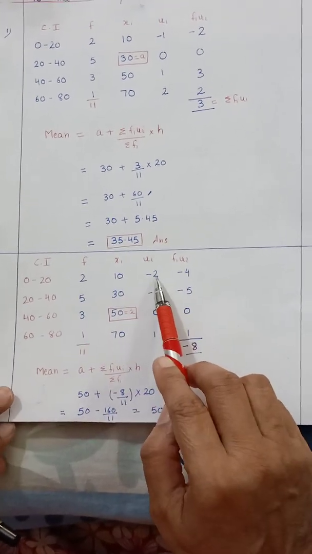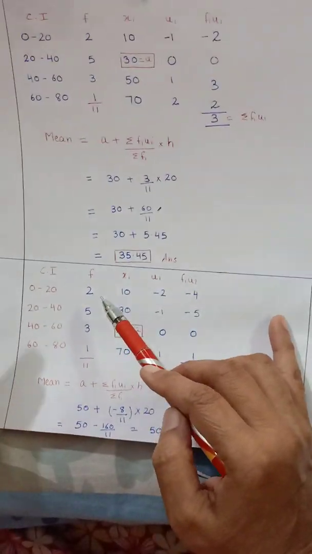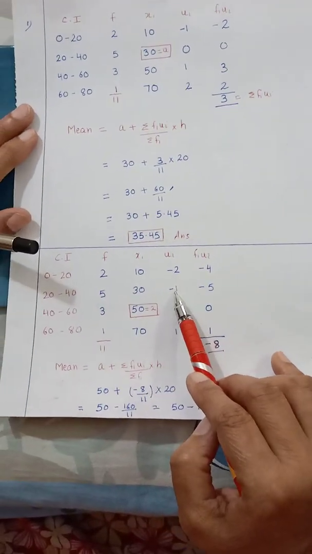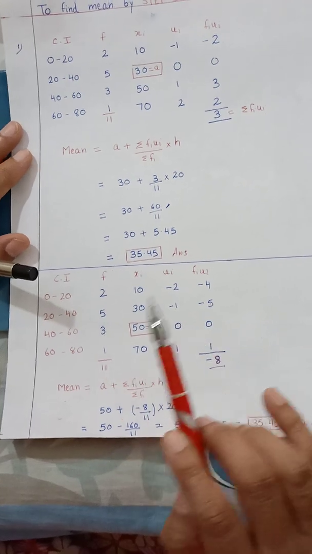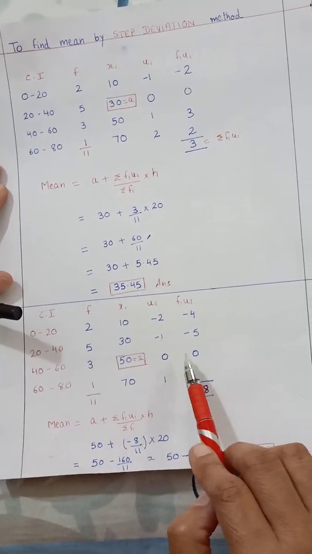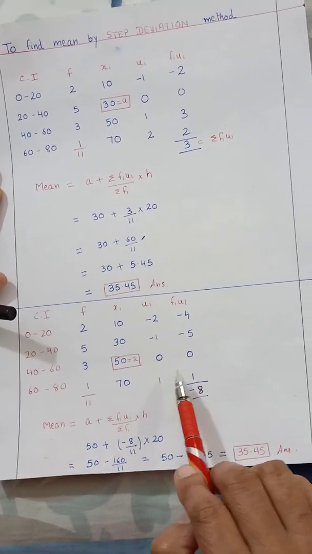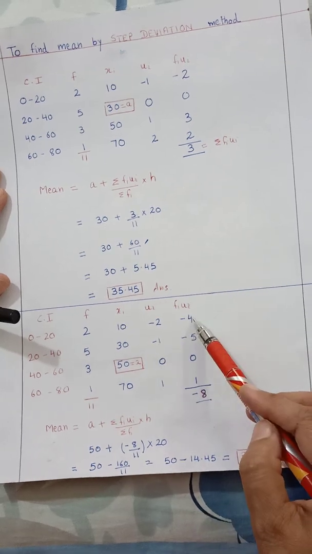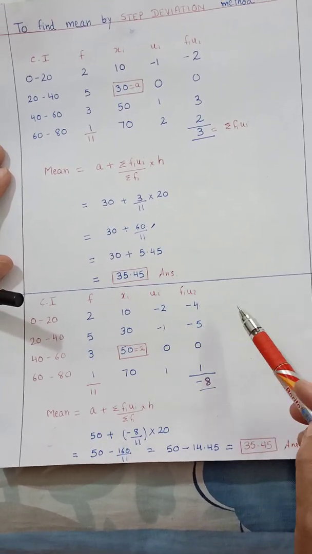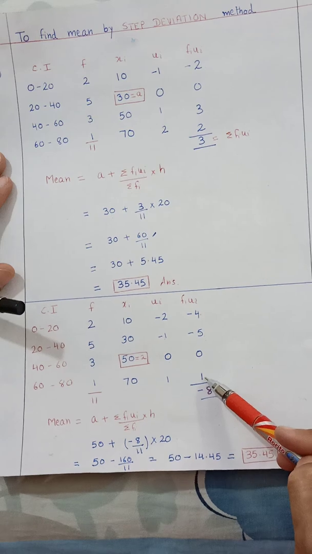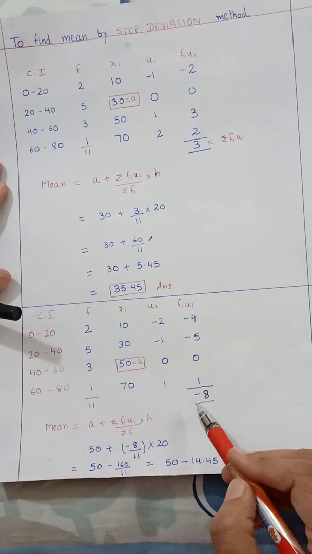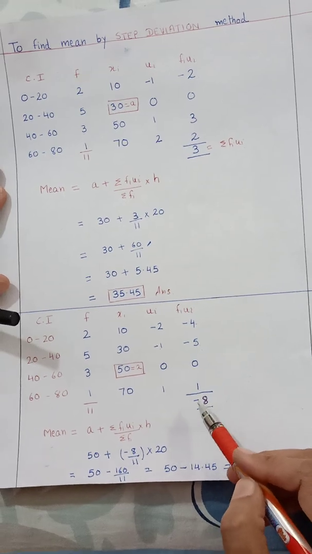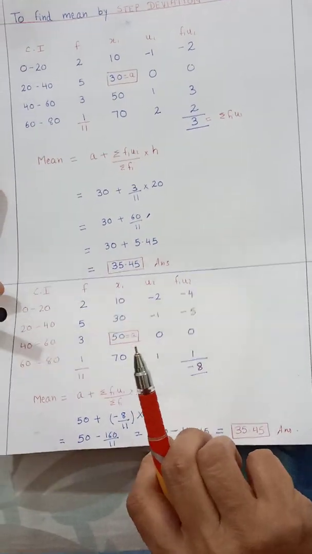So 2 into minus 2 is minus 4. 5 into minus 1 is minus 5. 3 into 0 is 0. 1 into 1 is 1. Now minus 4 minus 5 is minus 9, and adding 1 to it we get minus 8. Please take care of the sign. It will be minus 8, not plus 8.